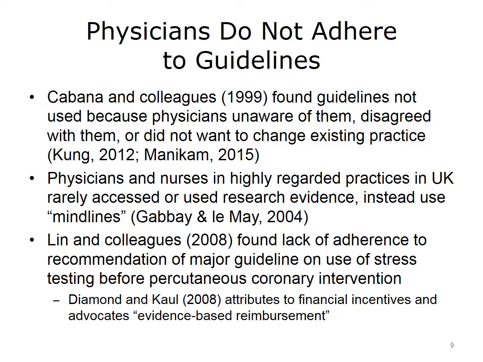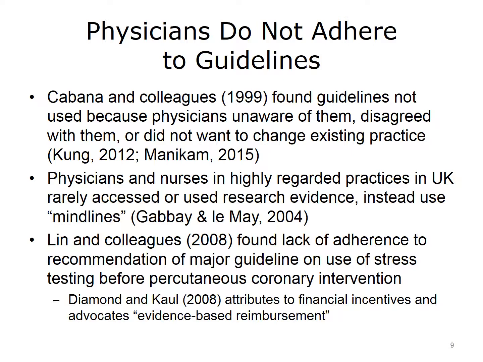In other research, Lynn found that there was a substantial lack of adherence to a guideline recommendation on the use of stress testing before percutaneous coronary intervention. That is, according to the best evidence and the guidelines that incorporate this evidence, patients should not have percutaneous coronary interventions, such as coronary angioplasty or stent placement, unless they have symptoms documented by stress testing.